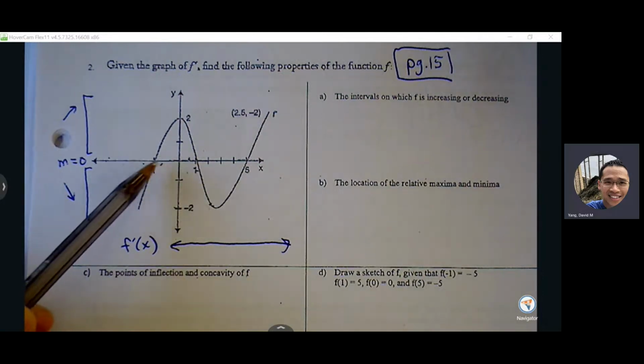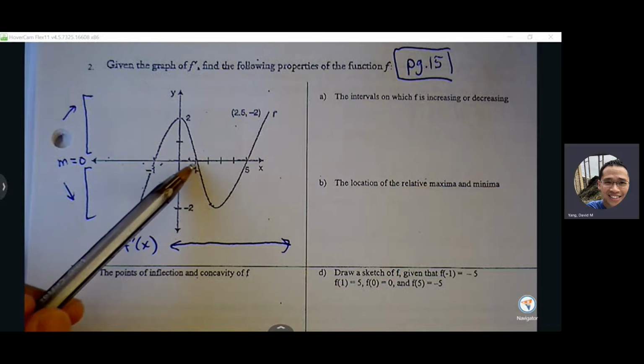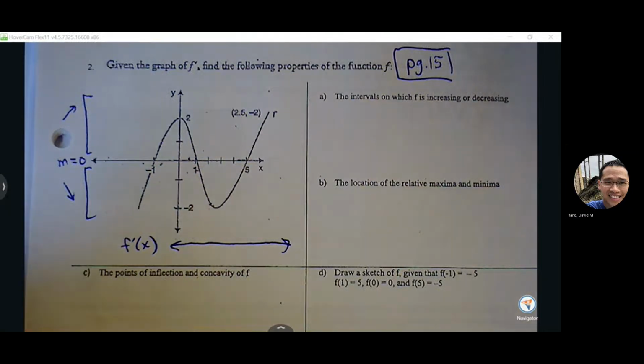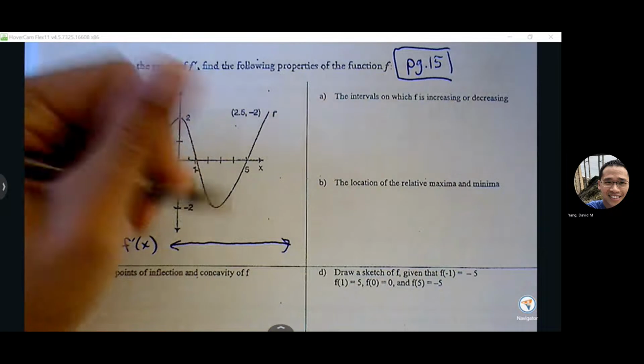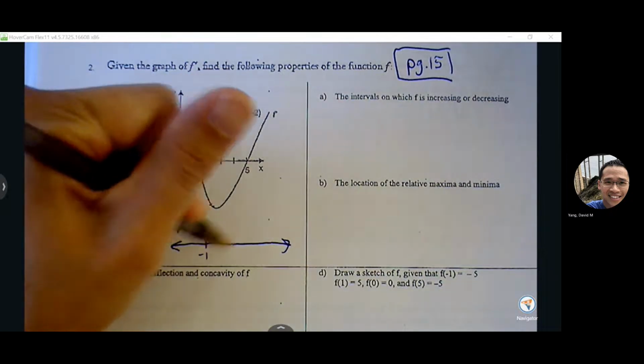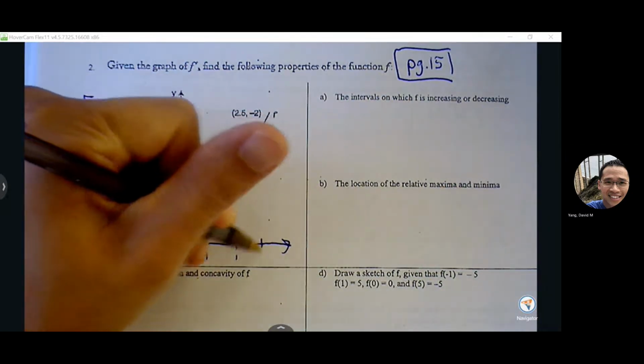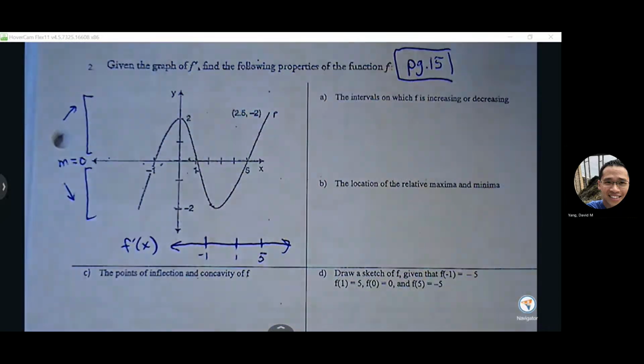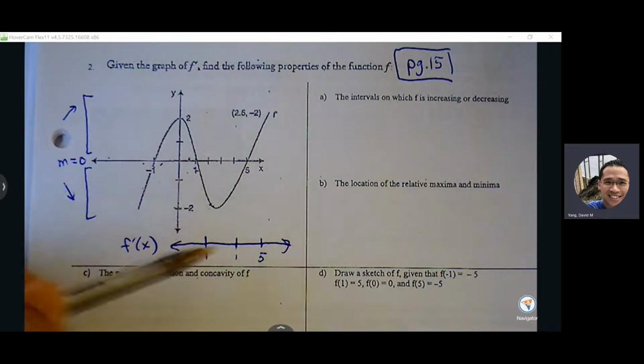So -1, 1, and 5. Don't look at the movement of the graph, look at the location.